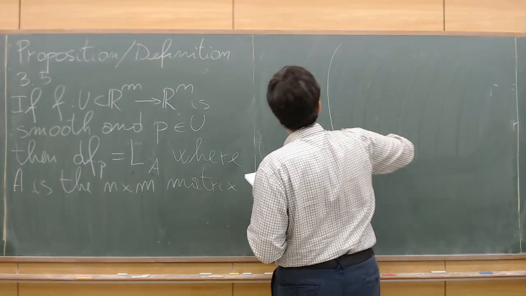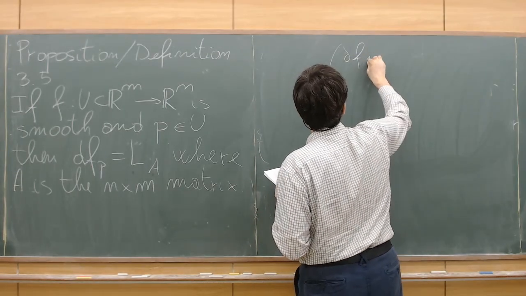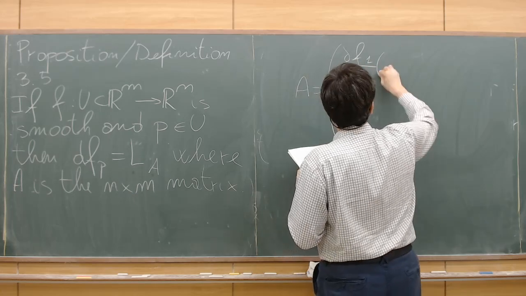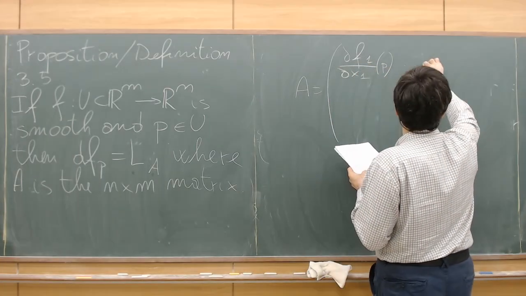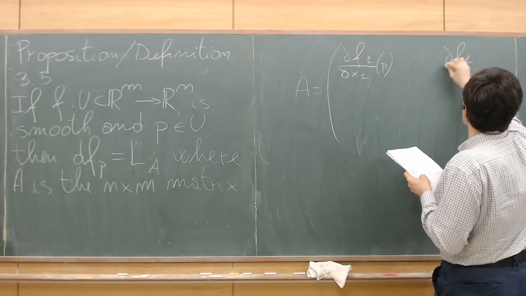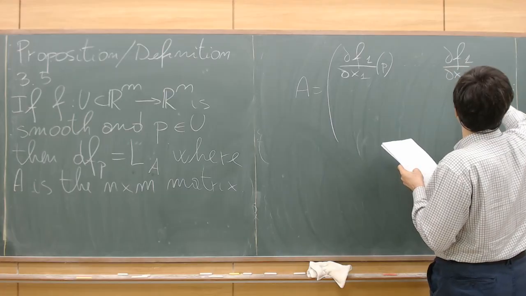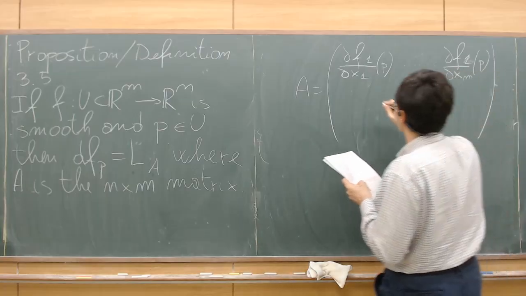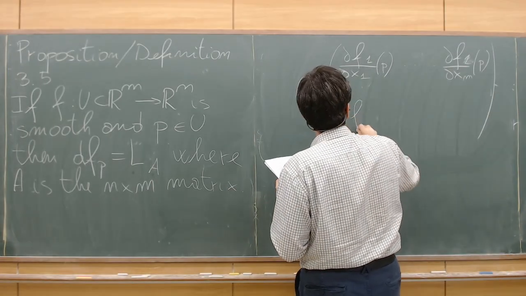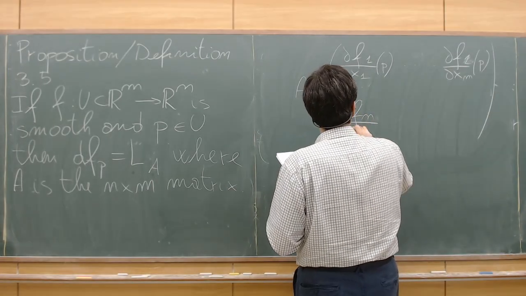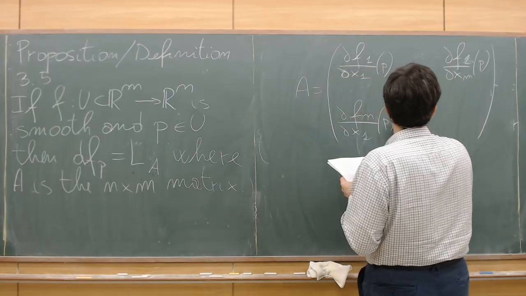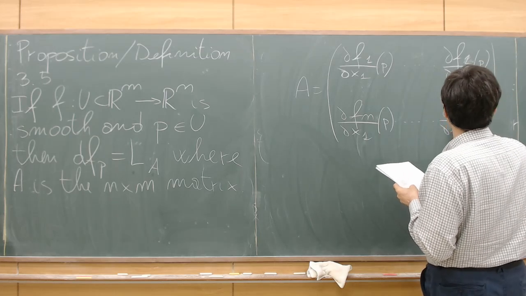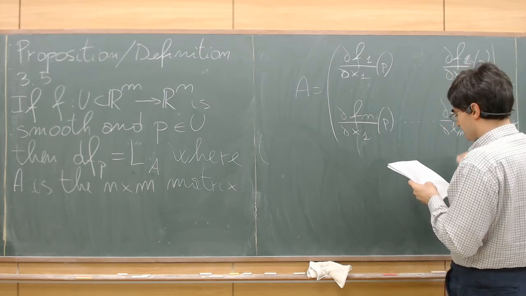A equal to the matrix with entries df1/dx1 at p, ..., df1/dxm at p, down to dfn/dx1 at p, ..., dfn/dxm at p.